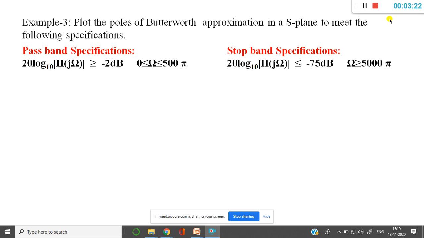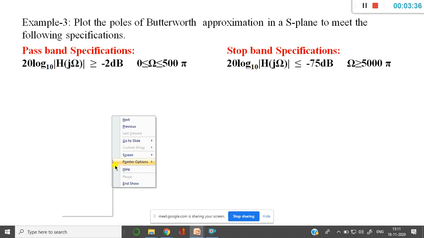I think this was the problem that we were solving in the last class, right? So this was the example I had given you for assignment. So let us solve this example once again.